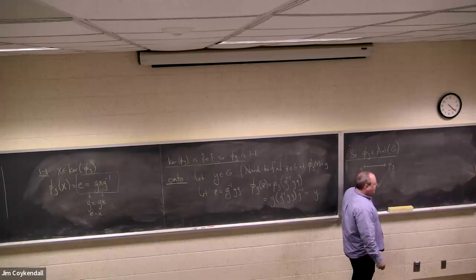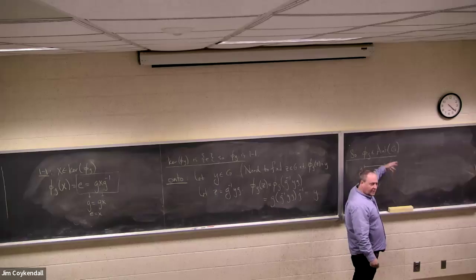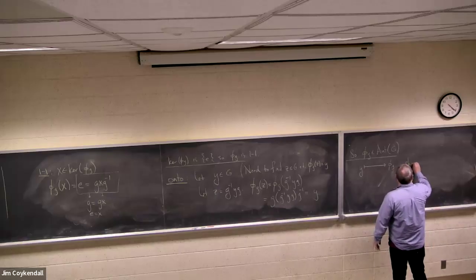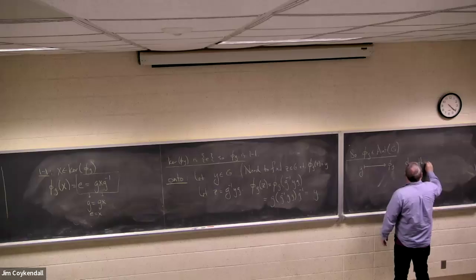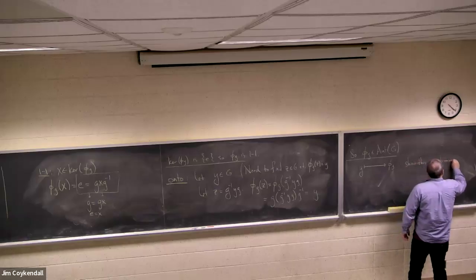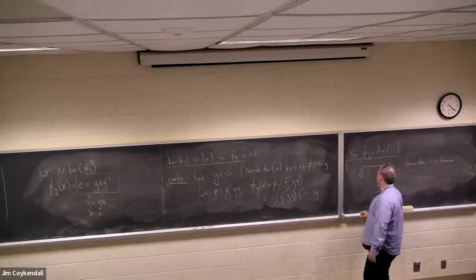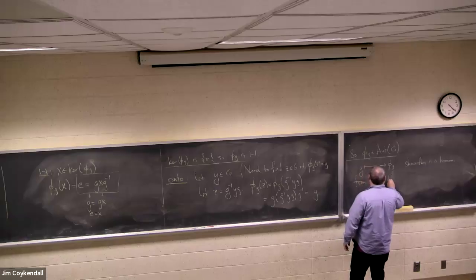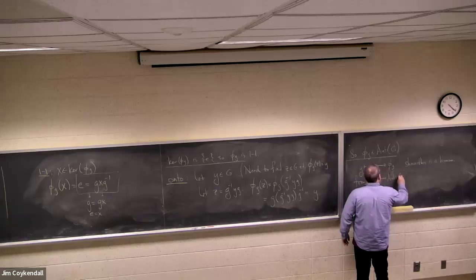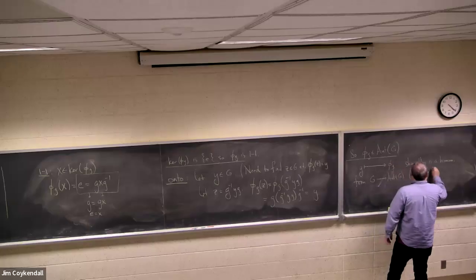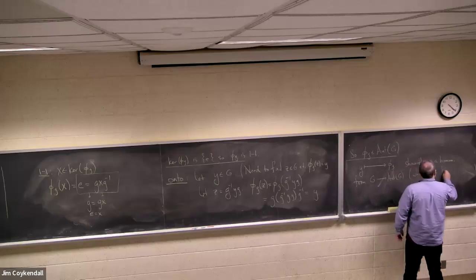So if I take a fixed element and correspond it to the automorphism that it creates by conjugating, show this is a homomorphism from G into Aut G. What is its kernel?